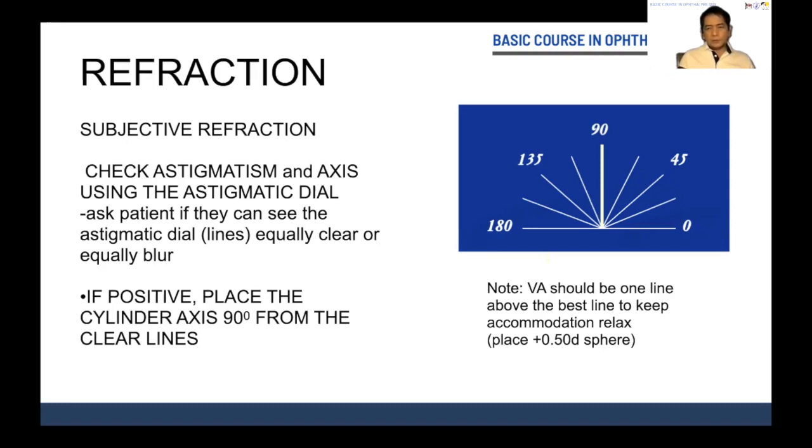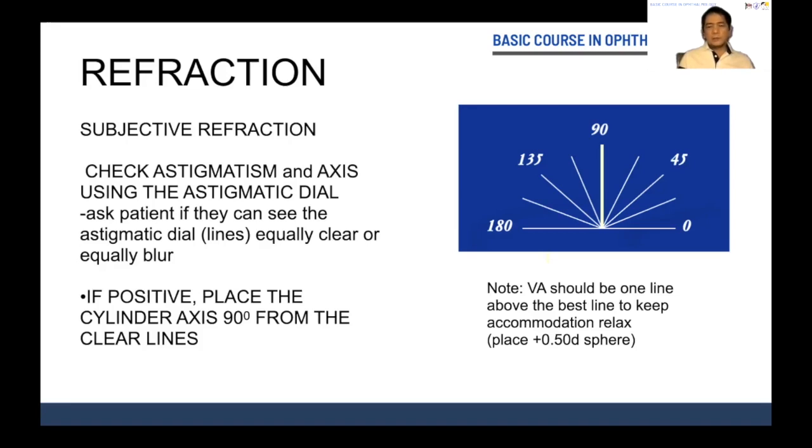So with your subjective lens power, you add plus 0.50 diopter sphere on top of it. The purpose is again to relax the accommodation.